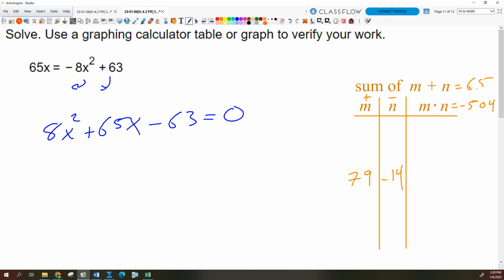Should we try like 72? 72 and what? There we go. Okay, and that's it, isn't it? So we got our magic numbers.